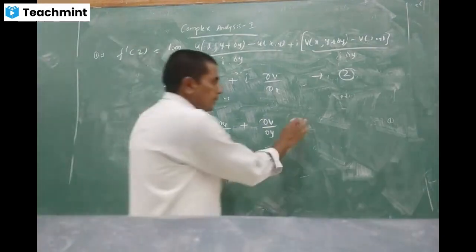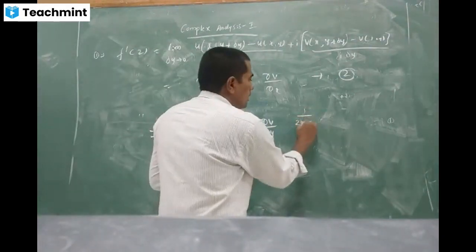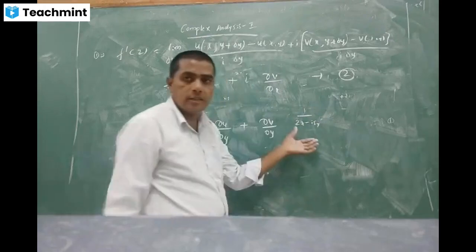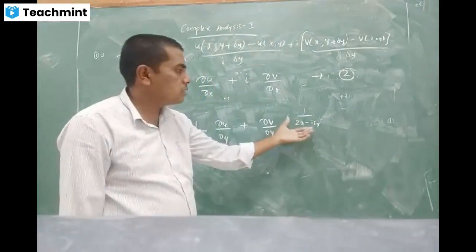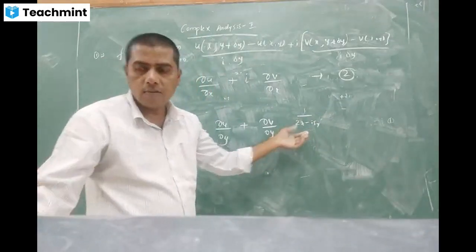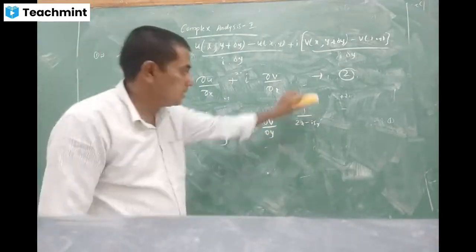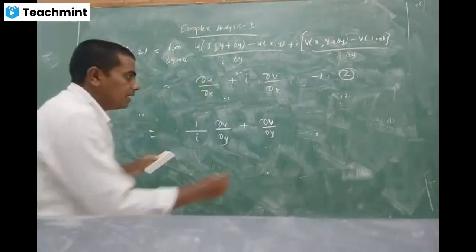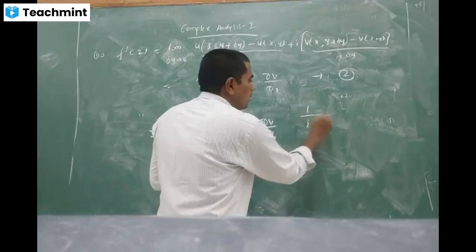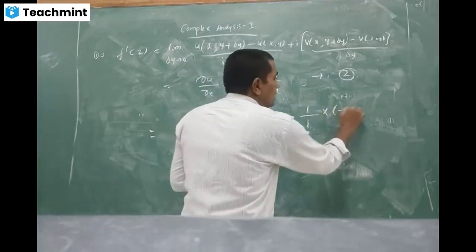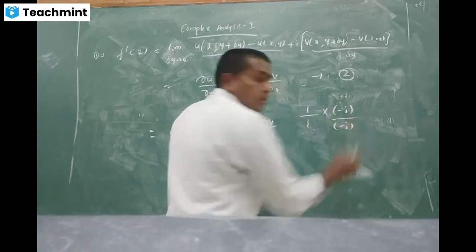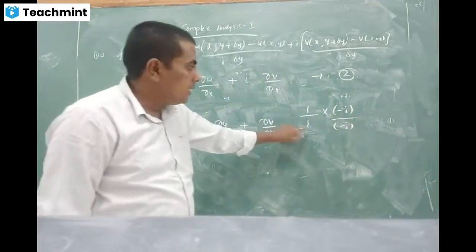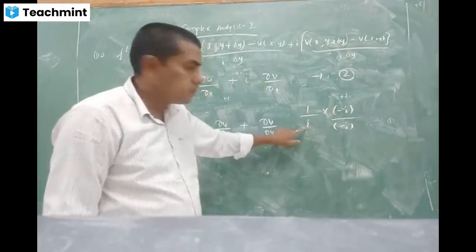There is a complex number, a function like 1 upon 2x minus i3y. So it is a complex number, and we simplify it by rationalization. Similarly, if we rationalize 1 by i, what exactly will we get? Multiply and divide by minus i with respect to the denominator.